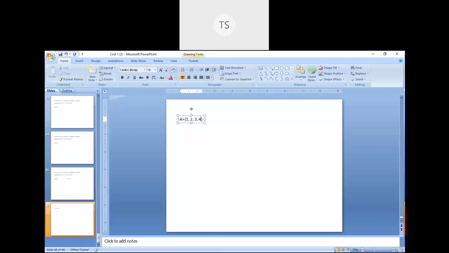Now you have another set B whose elements are A, B, C and D. Now what is A cross B? 1 comma A, 1 comma B, 1 comma C, 1 comma D, and 2 comma A, 2 comma B, 2 comma C, 2 comma D, 3 comma A, 3 comma B, and so on.